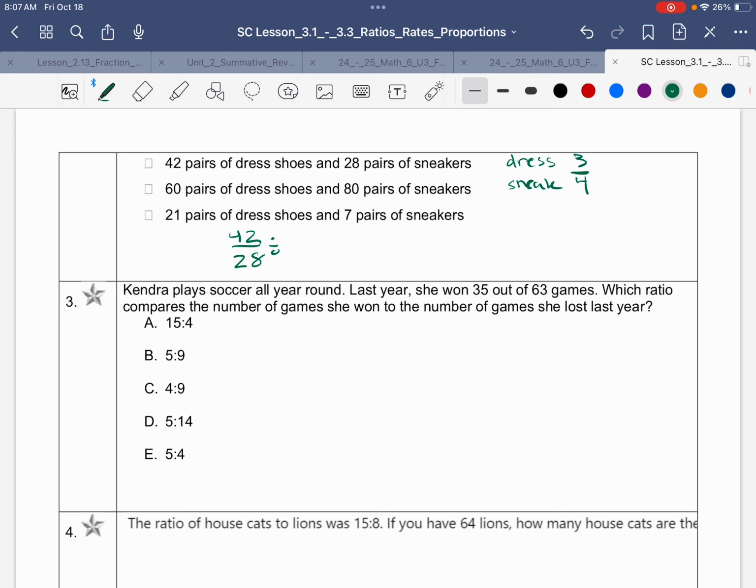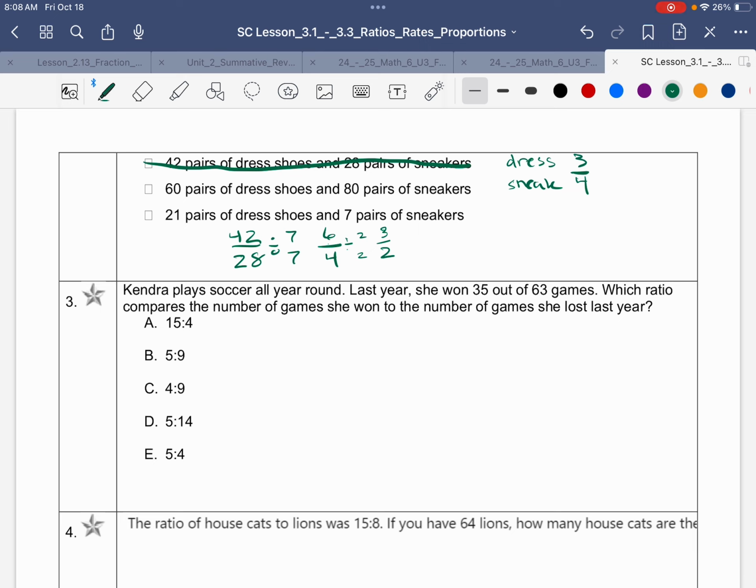If we simplify this, we can use 7. 42 divided by 7 is 6, and 28 divided by 7 is 4. So you also can reduce that one more time. Divided by 2, 2, you could then get 3 over 2, but that's not correct. We need 3 over 4.